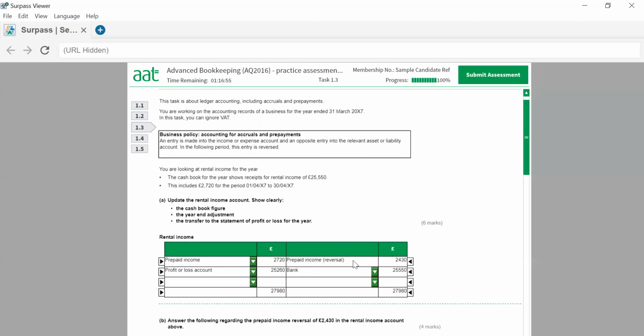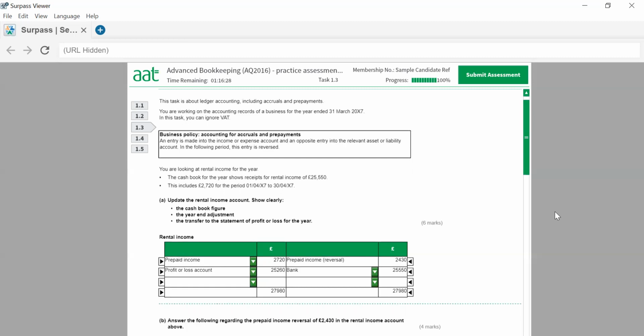So the previous year, you would have credited income, and it would have had a figure. Let's say, for instance, £200,000 as an example. But within that, you found that some of it related to the next year. So for the 2,430, you would have debited the rental income account and credited the prepaid income account.